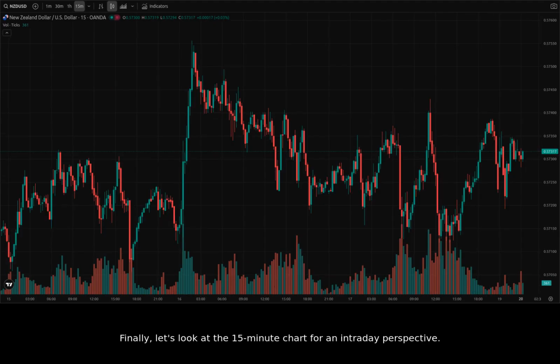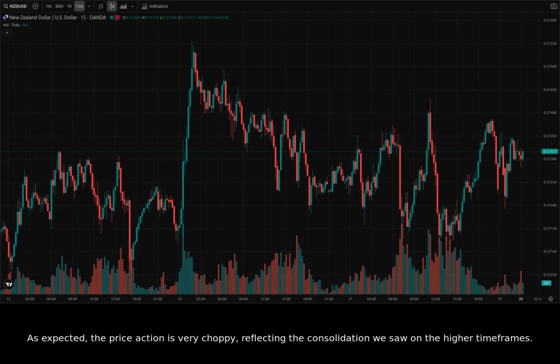Finally, let's look at the 15-minute chart for an intraday perspective. As expected, the price action is very choppy, reflecting the consolidation we saw on the higher time frames. We can see minor support and resistance levels forming, for example, around 0.5720 and 0.5735.